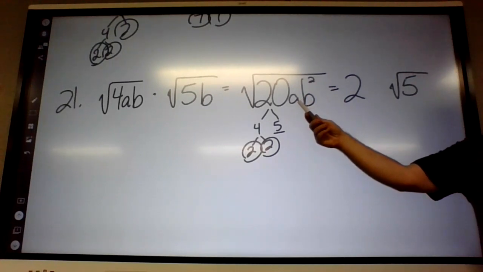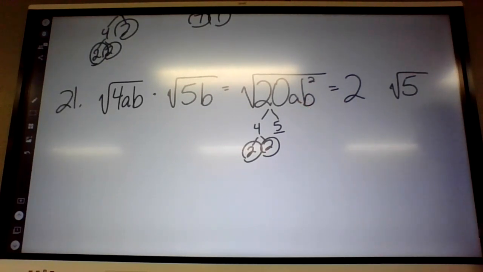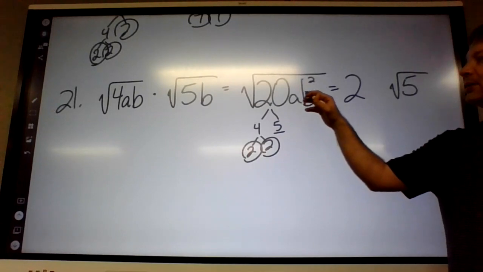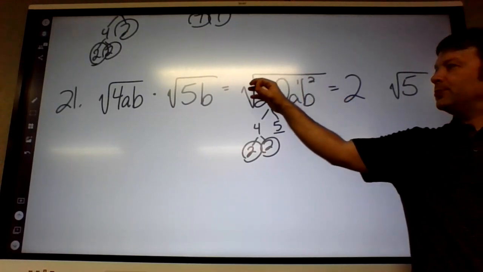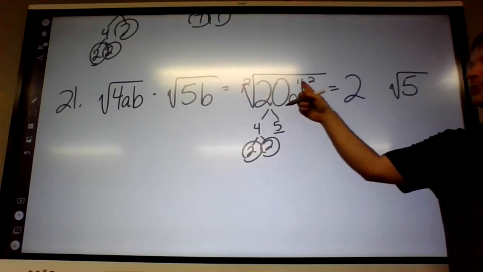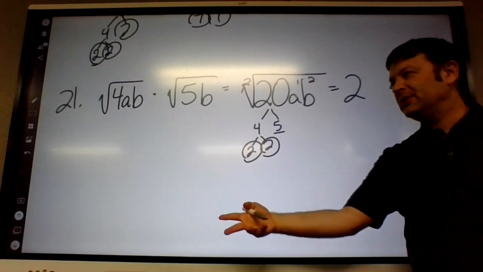Okay, what can we do with the square root of a, James? What's the invisible exponent on a? 1. What's the invisible root on the radical? 2. So remember we do 1 divided by 2. Does 1 divide by 2 nicely?